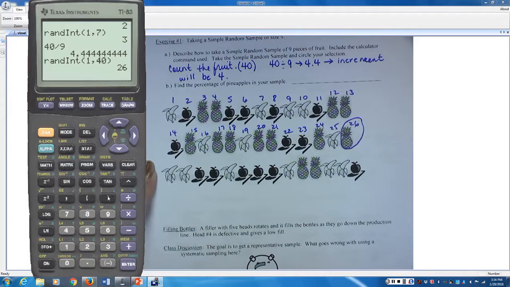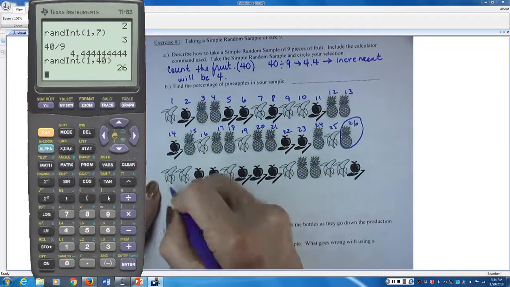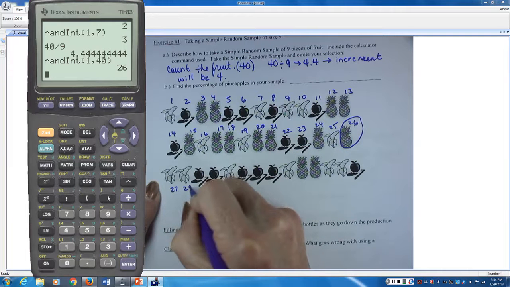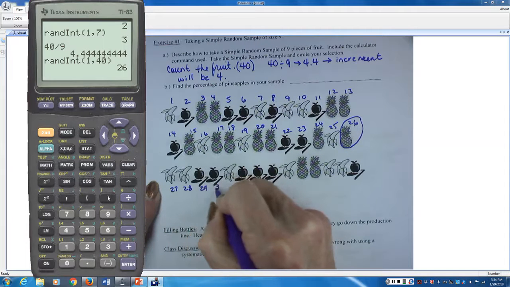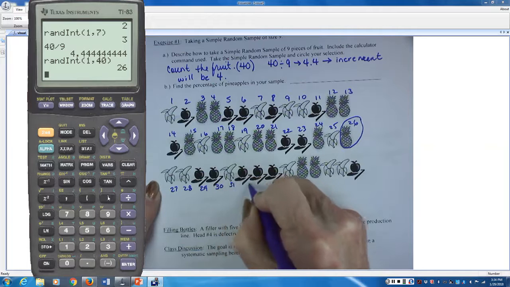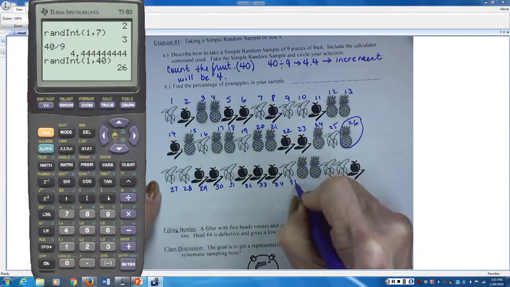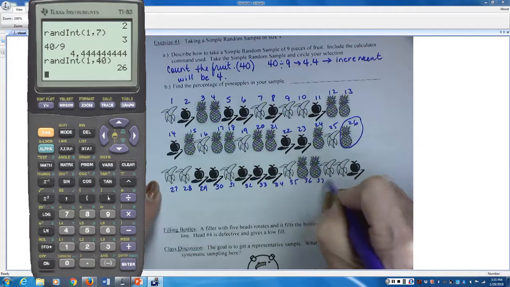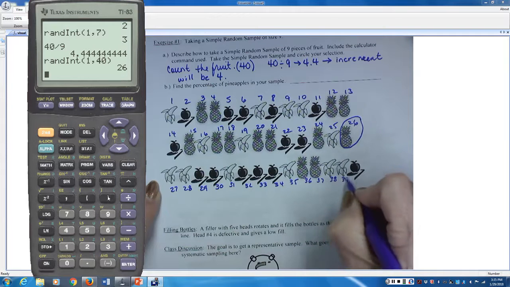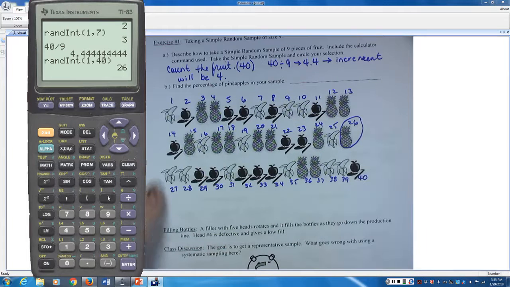So the first one I chose is the 26th piece of fruit, which happens to be a pineapple. And I went ahead and numbered all the rest of them.